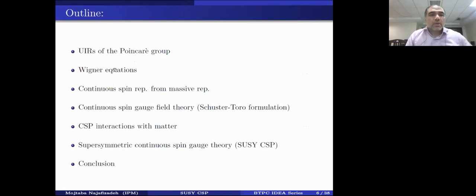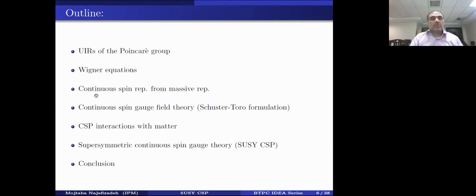Okay. We first discuss unitary irreducible representations of the Poincaré group, of which CSP is one representation. Then we present Wigner equations describing this particle.